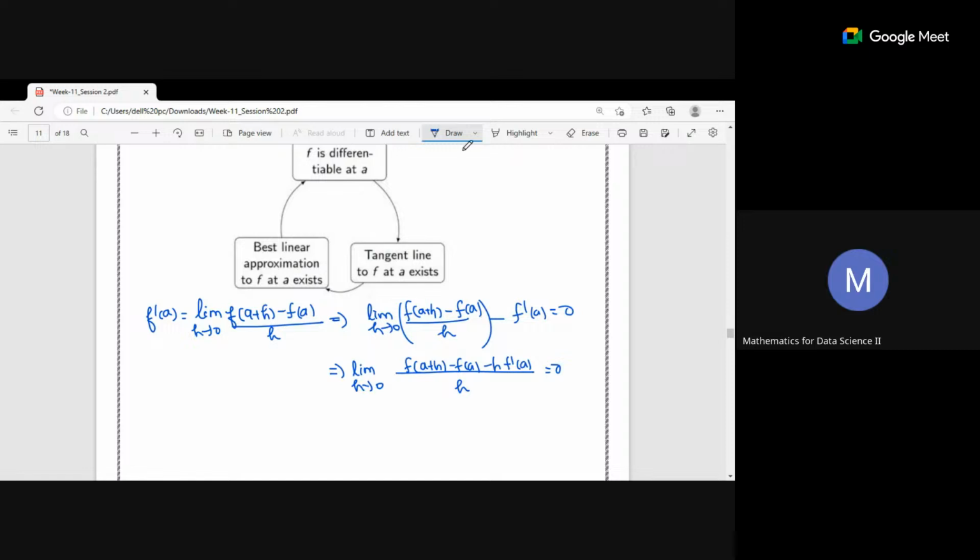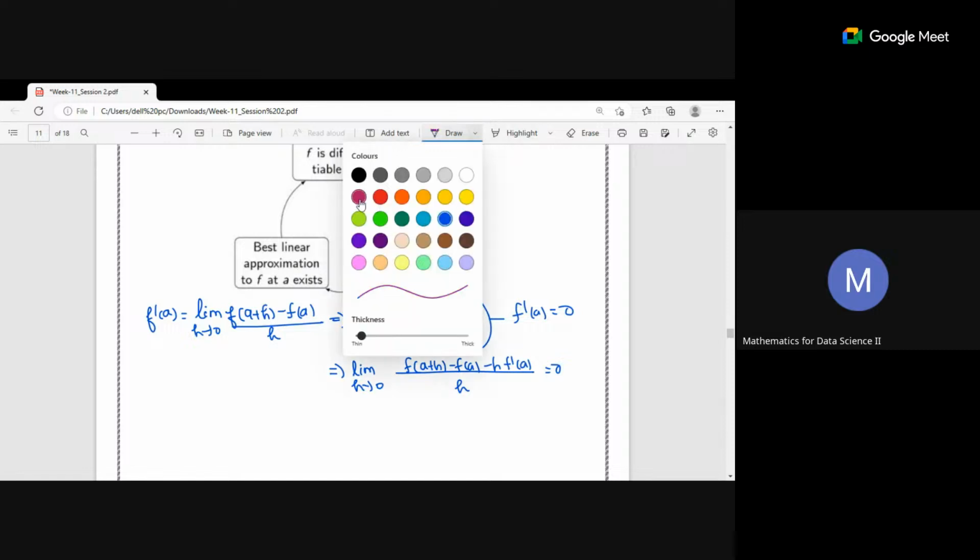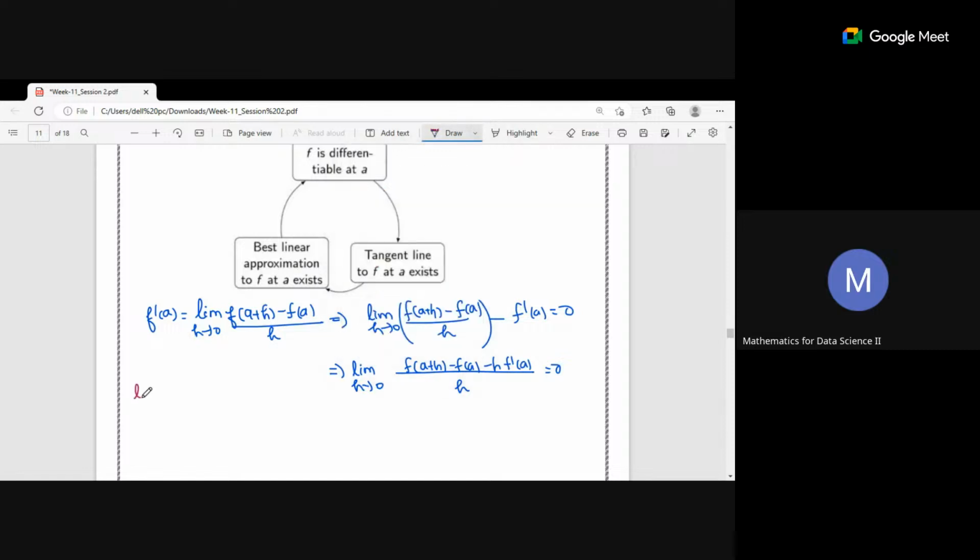Here, what I have done, do you understand? I have just multiplied and divided by h. What is this equal to? Simply f dash of a only, right? So I have written the limit as h goes to 0 of (h/h) f dash of a and included it inside the limit.